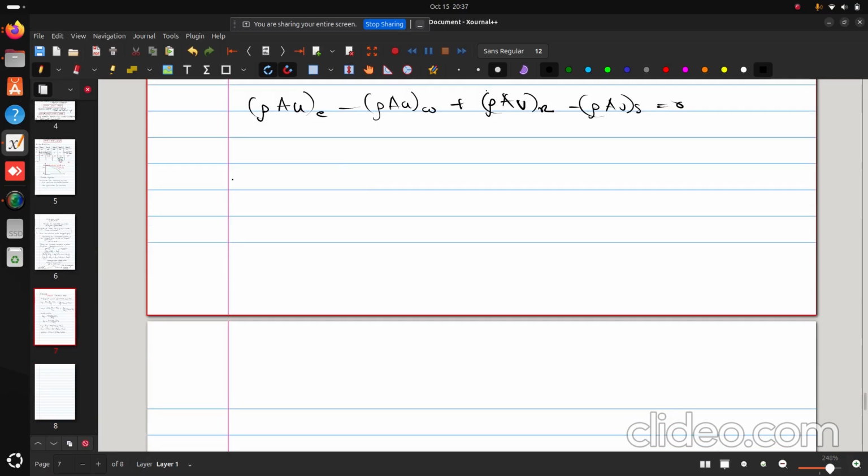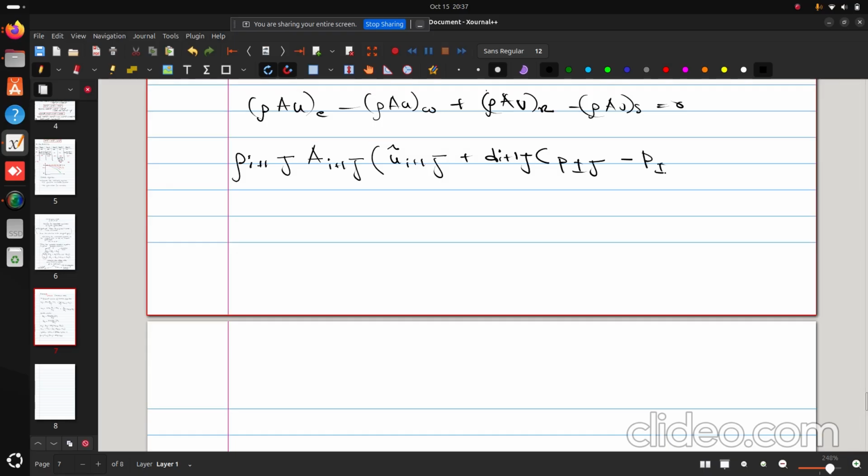So this will come out to be rho small i plus 1 capital J A small i plus 1 capital J, and this will be u hat small i plus 1 capital J plus d i plus 1 capital J times the pressure difference P capital I capital J.